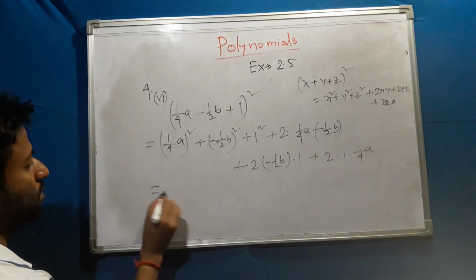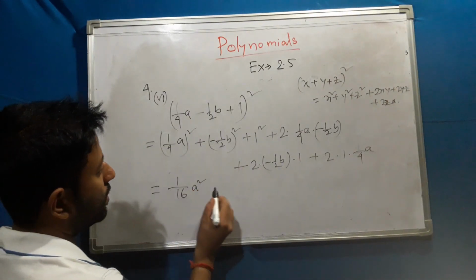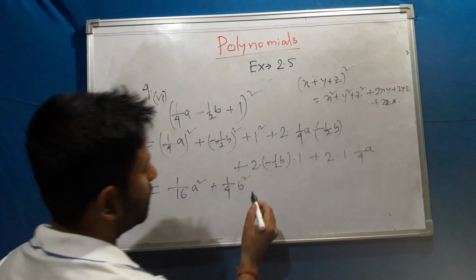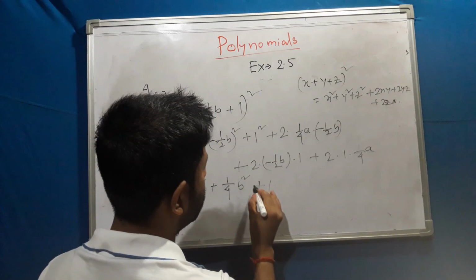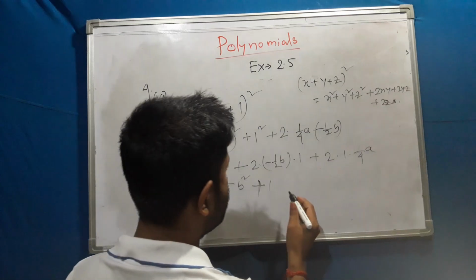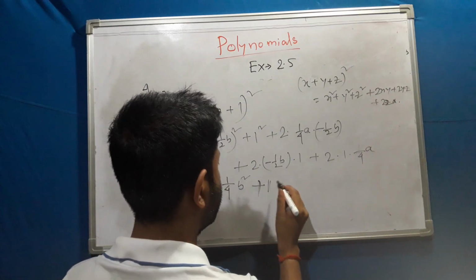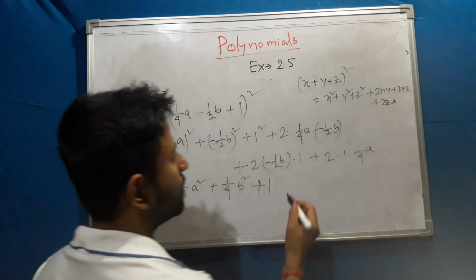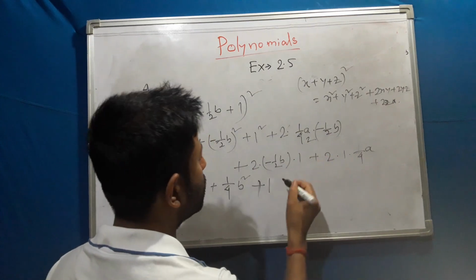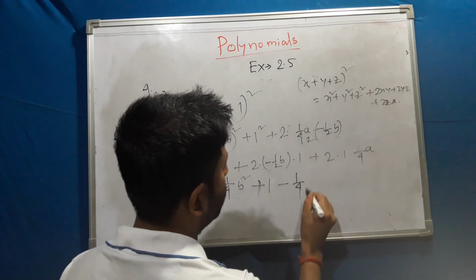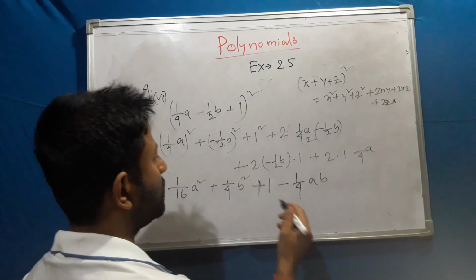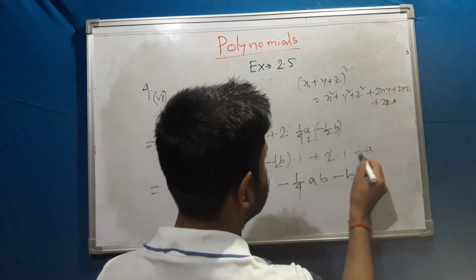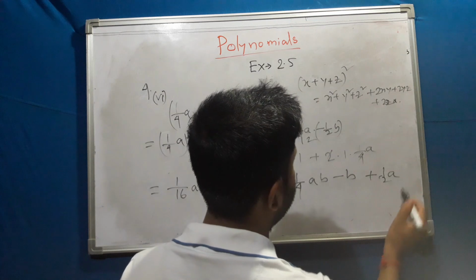So it's coming like this: 1 by 16 a square plus 1 by 4 b square plus 1, and this comes, if you cut 2 and 2, 2 twos are 4, so minus 1 by 4 ab, and it cancels, so minus b, and here also plus half a.